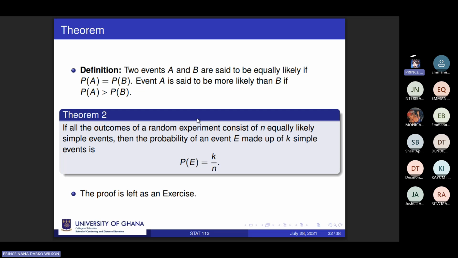That's 3 out of 6 faces. And the probability of obtaining an odd number is still 3 out of 6, that is 1 over 2. So the probability of an even number occurring or an odd number occurring are equally likely, since they both yield 1 over 2.